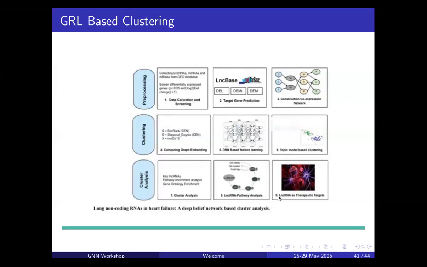And finally, we could identify some of the lncRNAs which are biomarkers in heart failure. So the key lncRNAs identified by this pathway analysis can be used as a therapeutic target for treatment of heart failure. That was the main result from this cluster analysis.